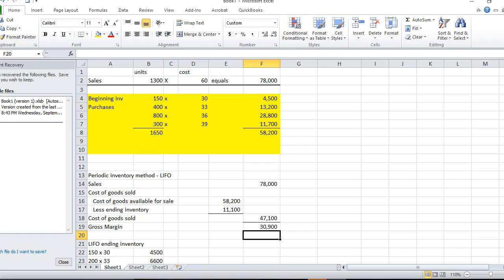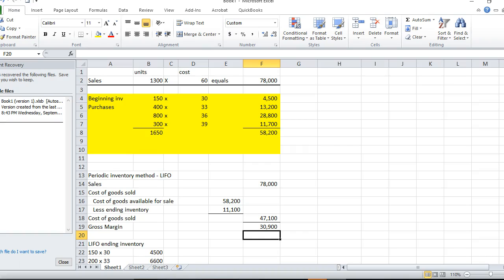But most companies do use FIFO, and the companies are required to disclose it on their financial statements, and they cannot change it. If they change it, they have to have a reason and they have to disclose it. Because once you begin a method, you have to continue with that method unless you have a reason to change it. Because, again, it's important to be able to compare one year to the next. If you go from FIFO to LIFO, your numbers aren't going to make any sense.